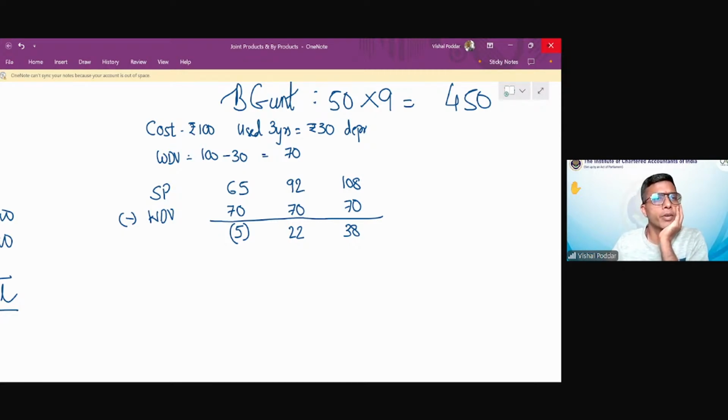Now I said it is a revenue profit or loss. How? Here the loss which I am getting of 5 rupees, because I sold it for 65 whereas my book value is 70. So accounts says, okay, this is actually not a loss as such. It is simply that maybe in these initial 3 years, you have claimed depreciation less.